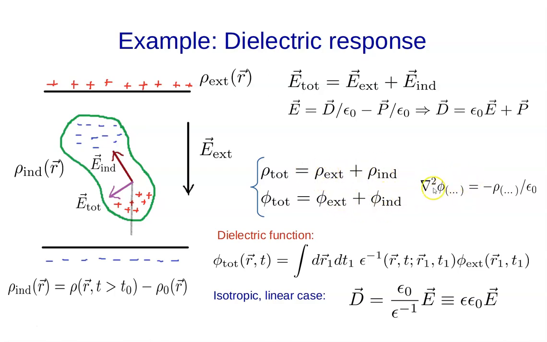And when you write Poisson's law or Gauss's law for that matter, you have to include these two. This one only involves this one. So if you're talking about this electric field here and these charges, you're going to use Gauss's law using D.